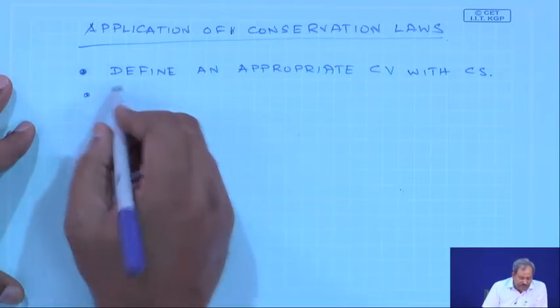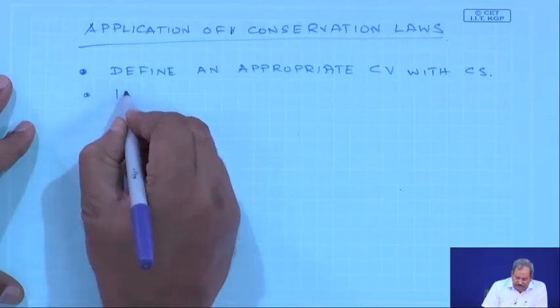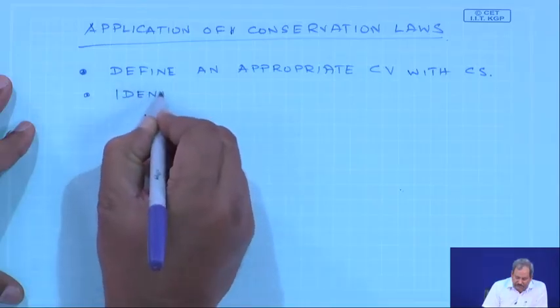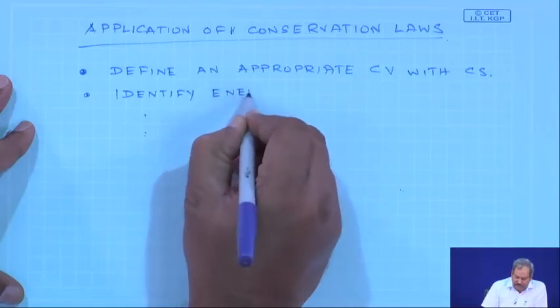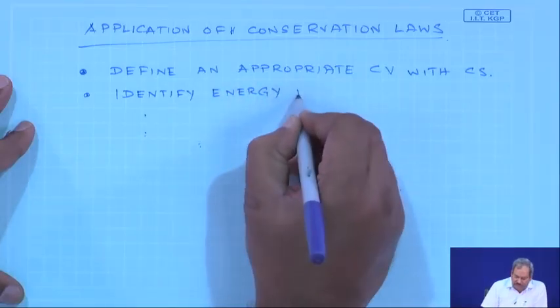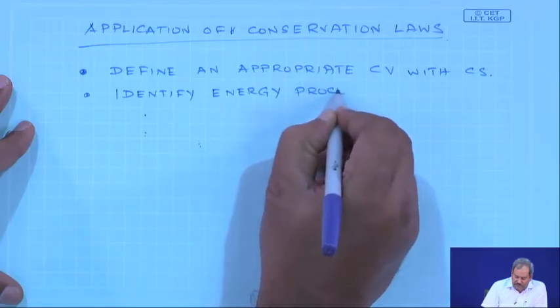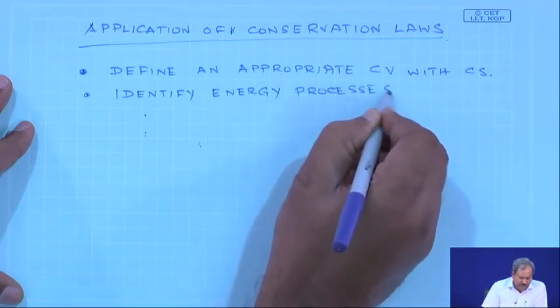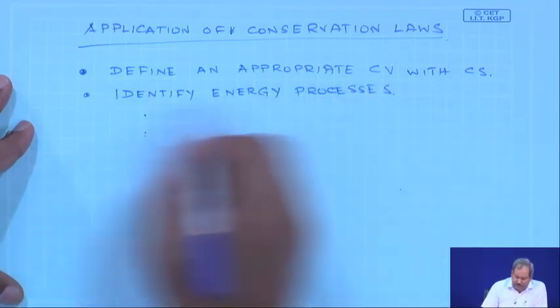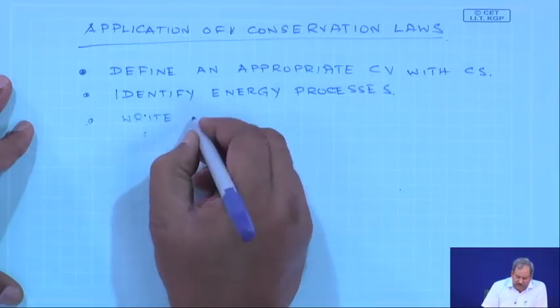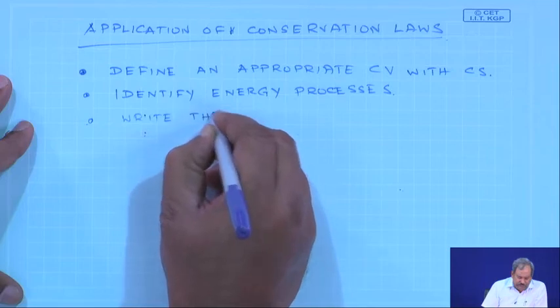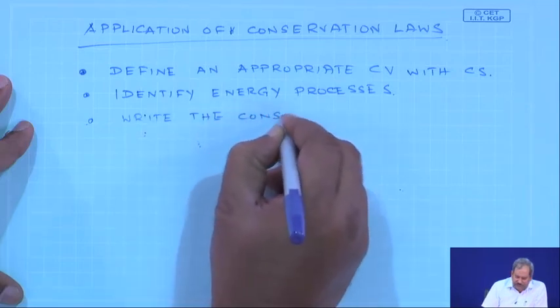Then the second step is to identify the energy processes and write the conservation equation.